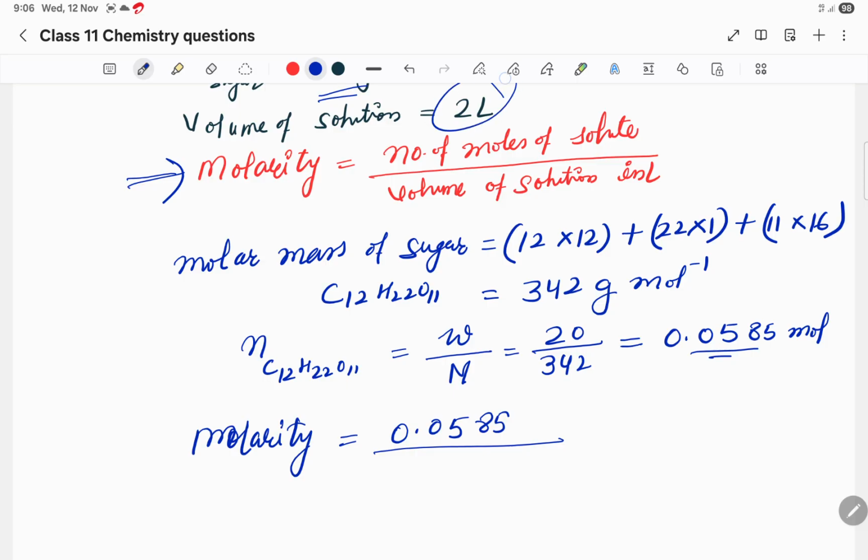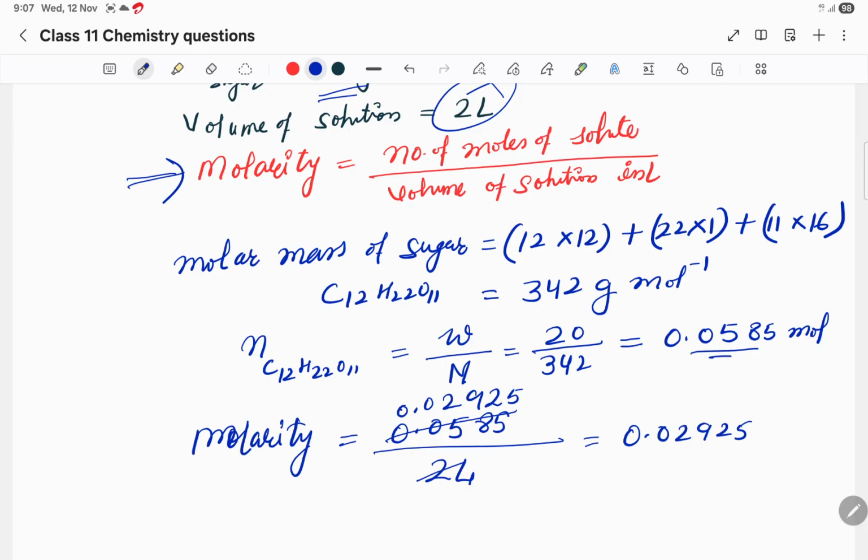The volume has been given 2 liters, divided by 2 liters. It comes out to be 0.02925.